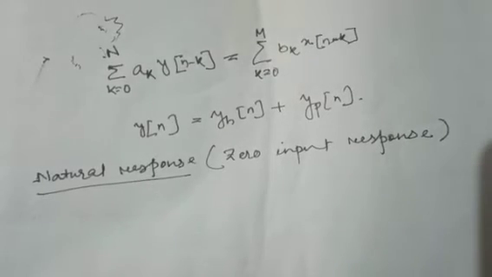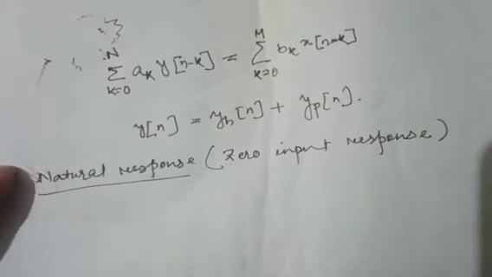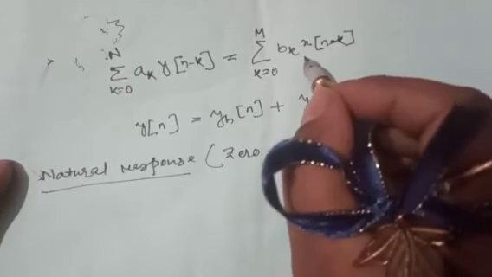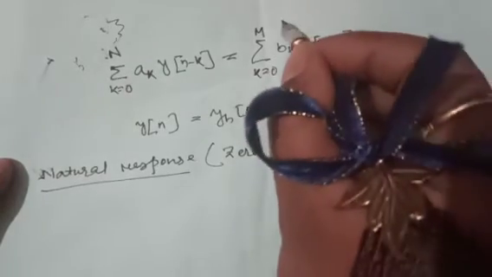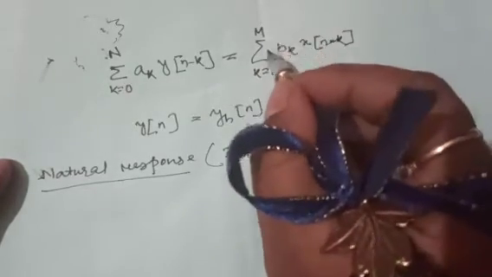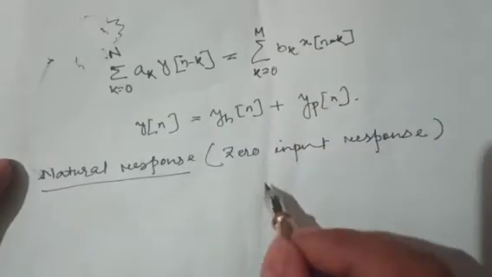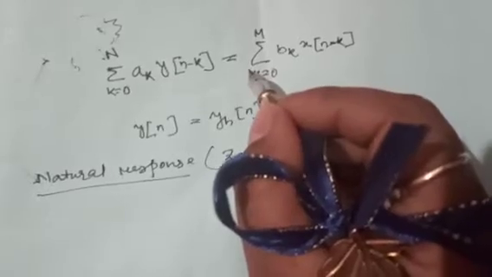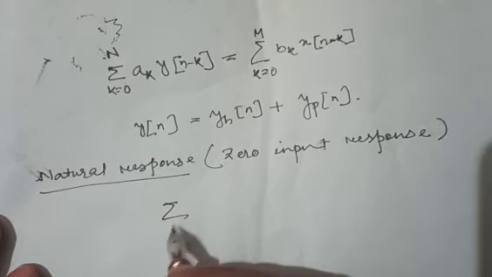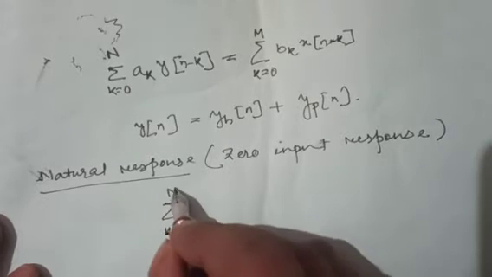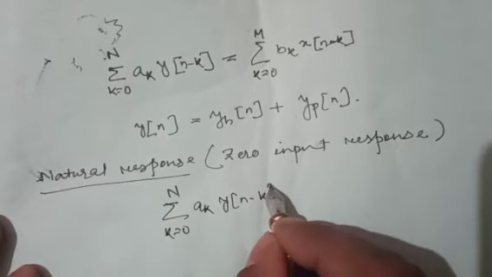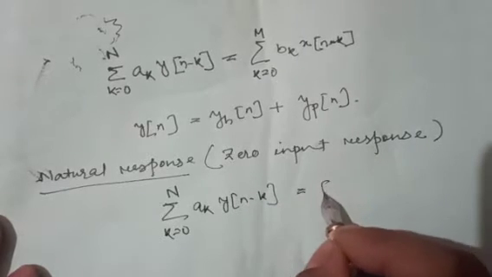Since it is the natural response, the input is 0, which means the right hand side is 0 because it is a zero input response. So the summation over k equal to 0 to N of a_k y of n minus k is equal to 0.